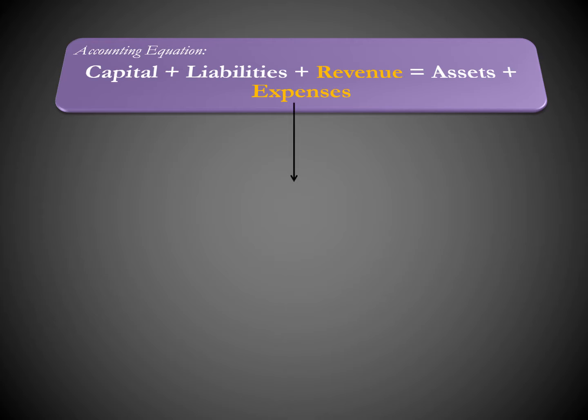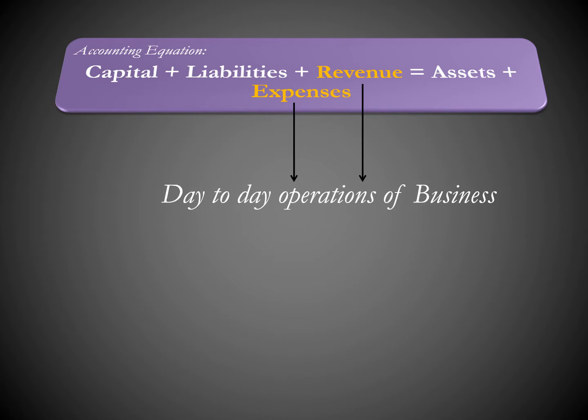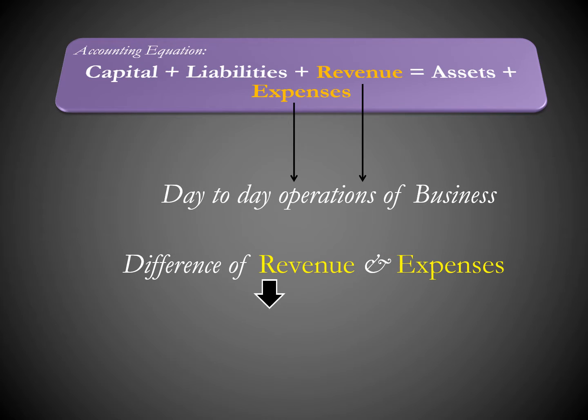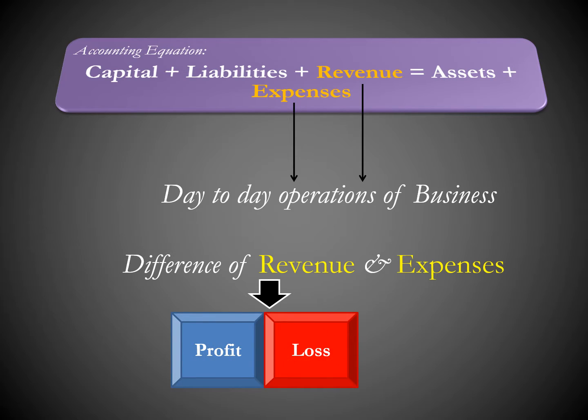In this equation, expenses and revenue are from day-to-day operations of the business. And difference of revenue and expenses is either profit or loss, and it goes to capital account because it is for the risk the owner has taken. So I can simplify the accounting equation further.